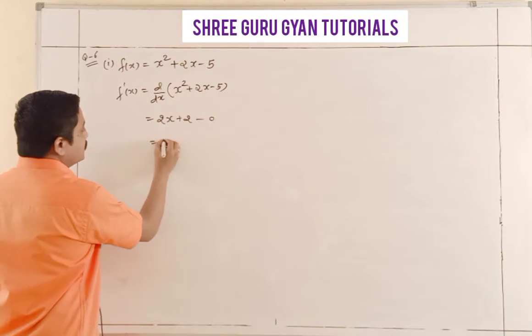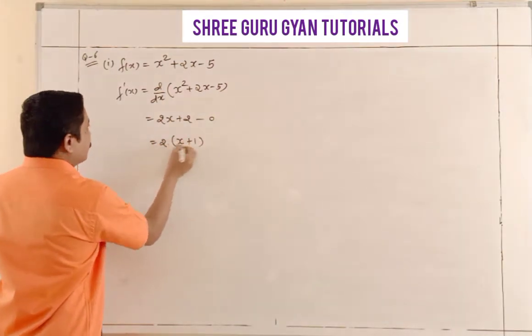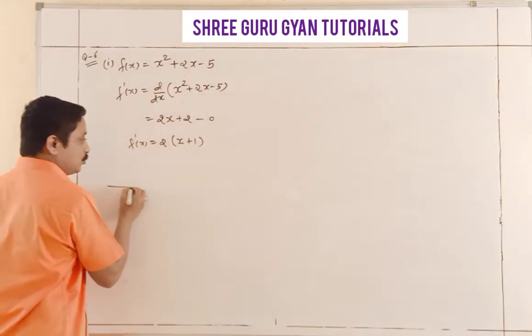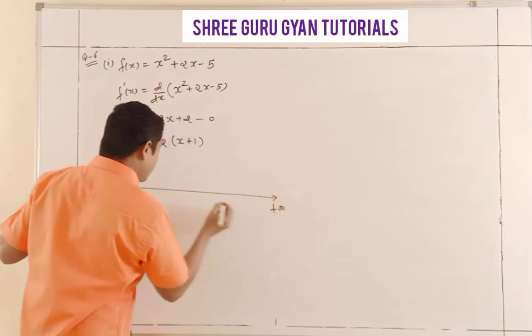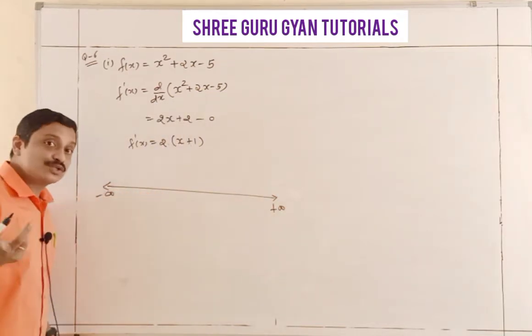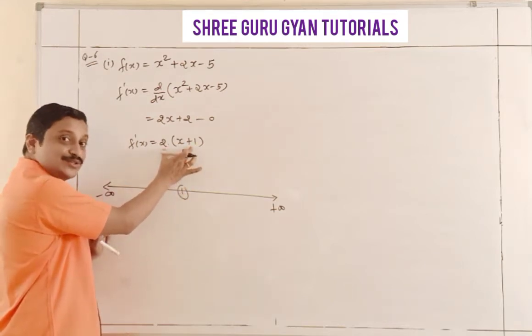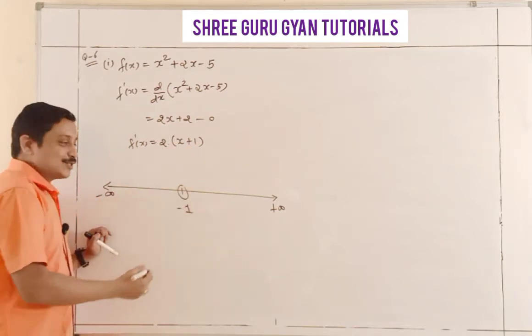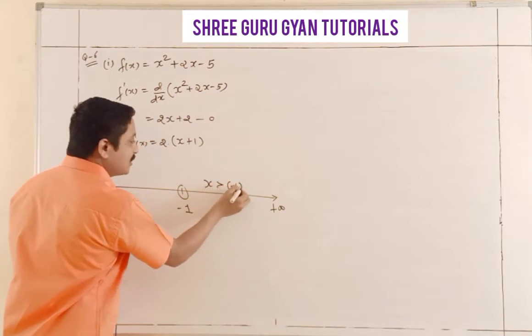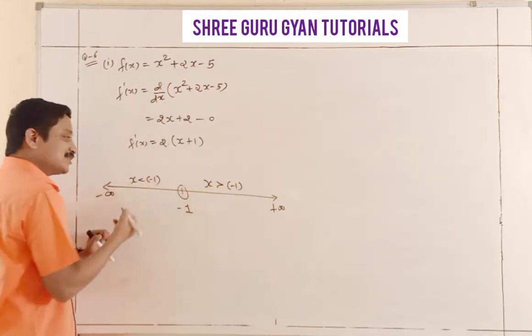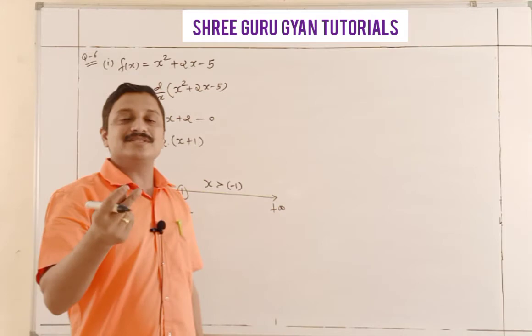2 common. And after that, students, you get the number line, it belongs to R. And here you check if x is 0, what do you get? Minus 1. So one answer is greater than minus 1 and the other less than minus 1. 2 values define the domain.